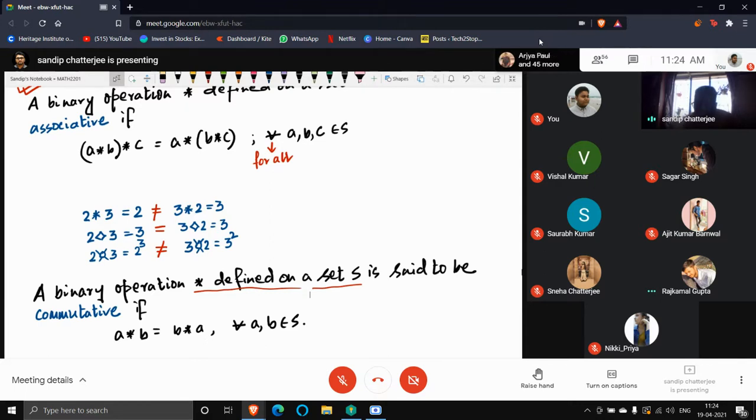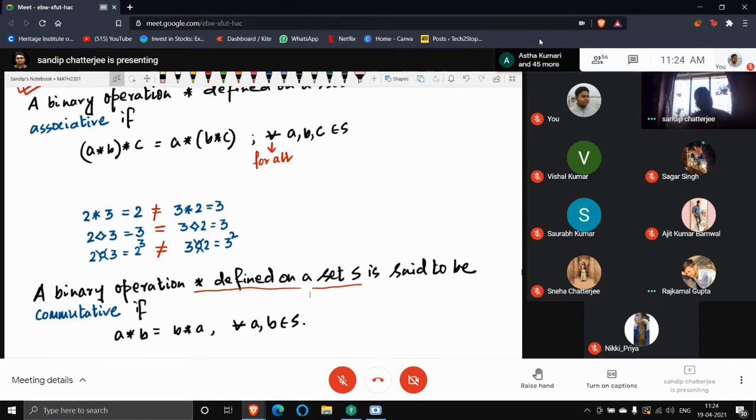Will that be associative? Yes, sir. Maximum and minimum will be associative. You do in any order, you will get the same answer. Correct.